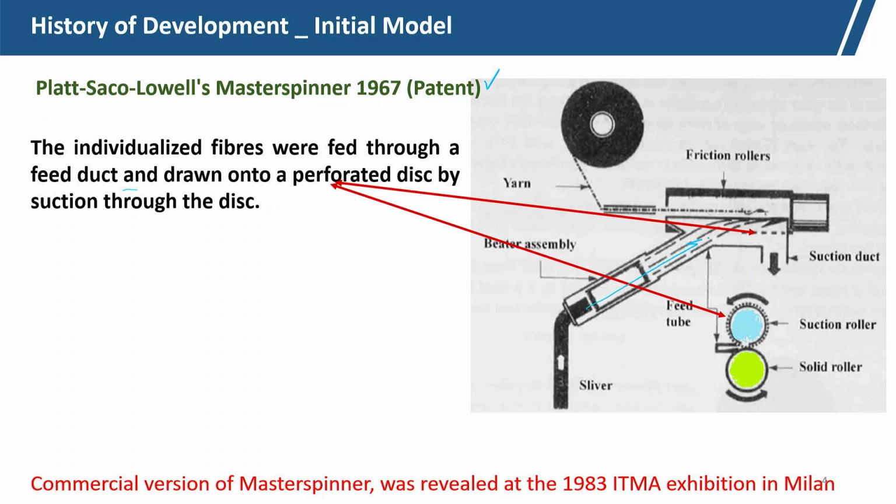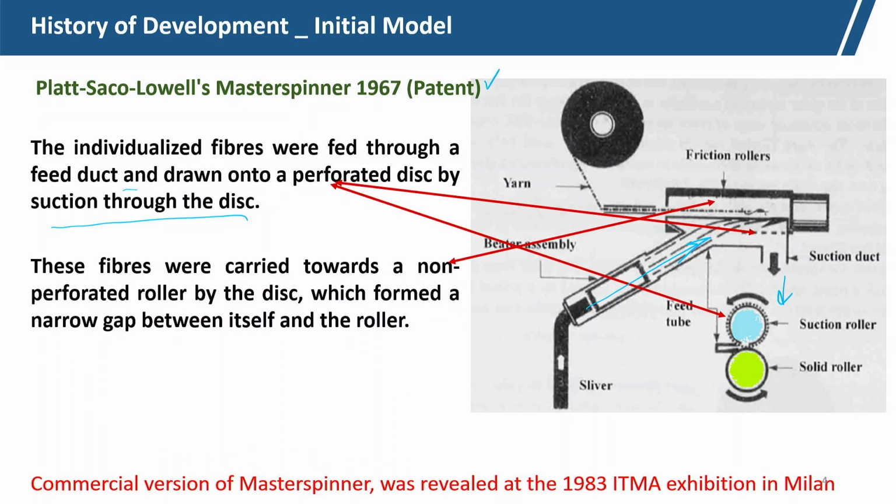from the feed duct onto the perforated disc. So, this is the perforated disc, with suction through the disc. There is a suction duct, and the fibers are deposited on the perforated disc.